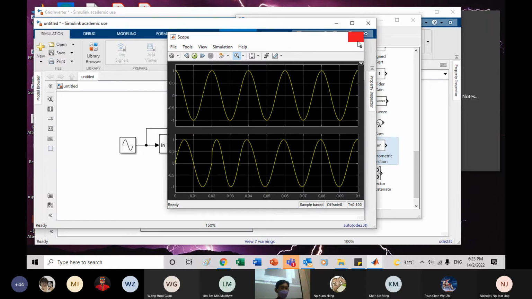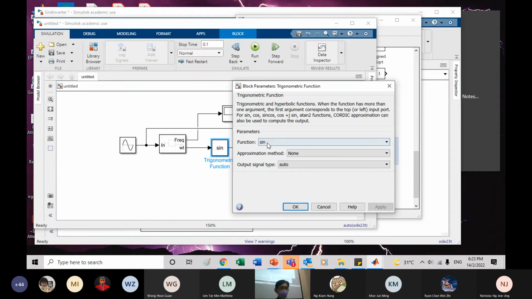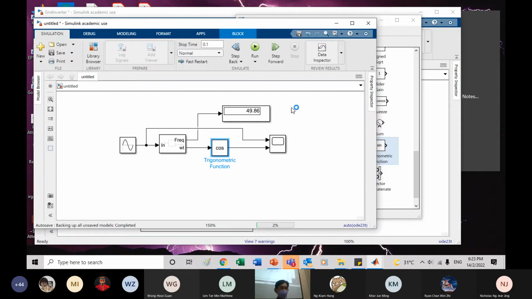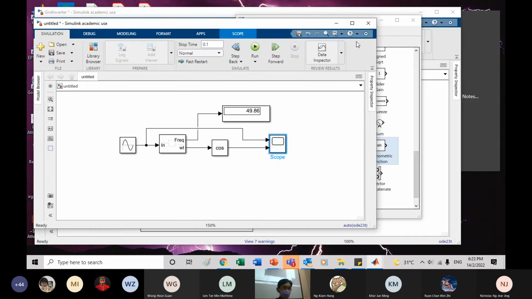This is how the PLL works. Like I say, if I want to send reactive power, I change this to cosine, so the output is cosine. Okay, so the rest, multiply by the amplitude of the current.